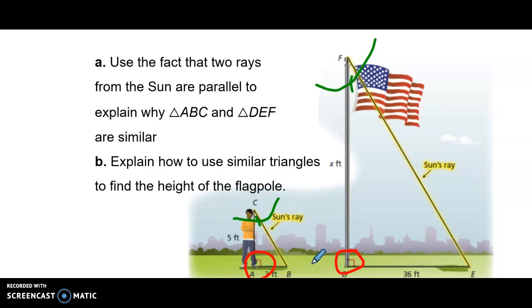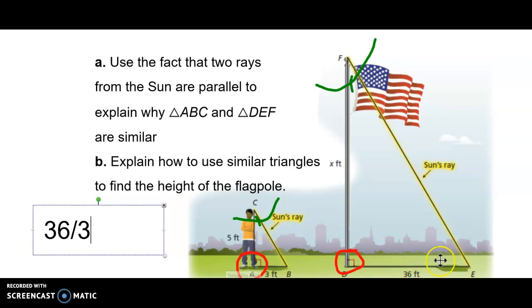Once I know that they're similar, then I can go ahead and find an unknown measure using my similar triangle rules. So I know they're similar. Now I can compare them. The length of this shadow is 36 feet. Well, 36 feet divided by 3 feet, right?